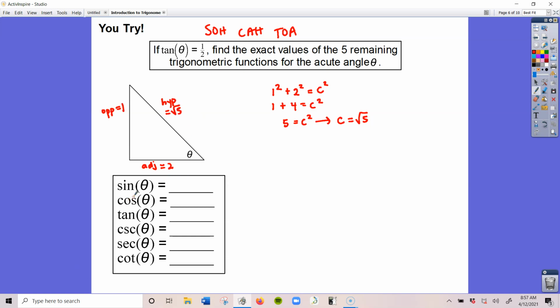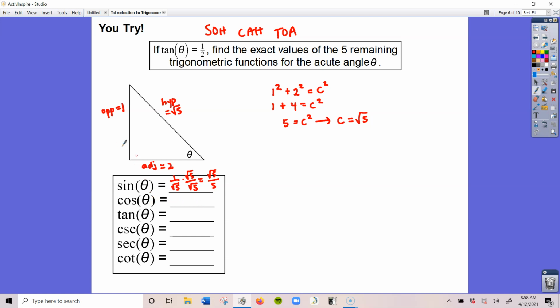Now we're ready to find the rest of these trigonometric ratios. Sine is opposite over the hypotenuse, so 1 over the square root of 5, which we must rationalize. And when we do that, we get the square root of 5 over 5.